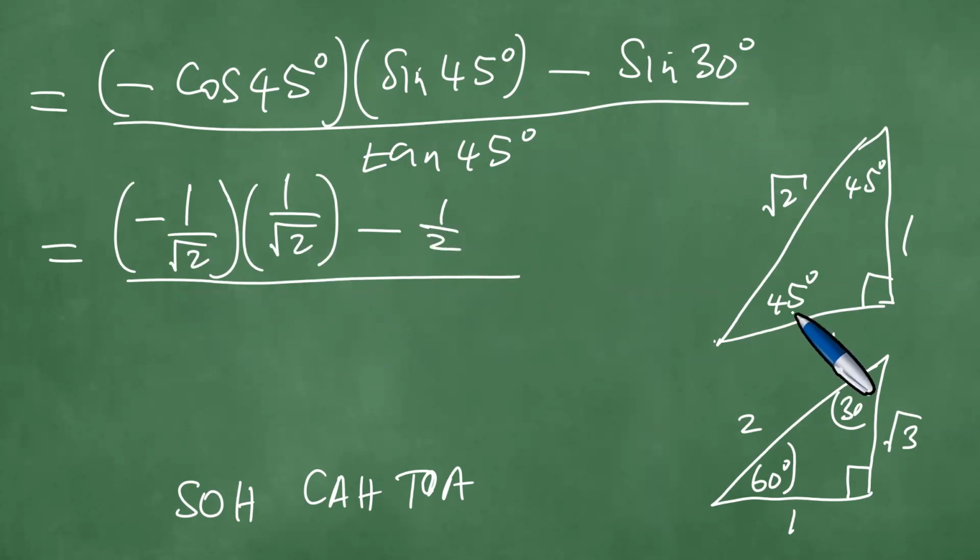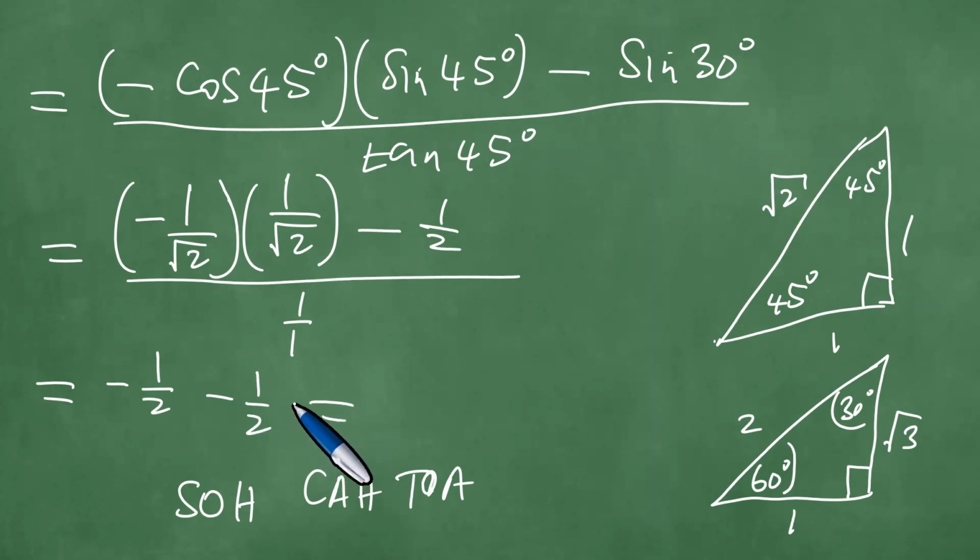The tangent of 45 degrees is opposite over adjacent, which is 1 over 1. So we multiply this out: minus 1 over 2, and minus 1 over 2 is minus 1. So the result is minus 1.